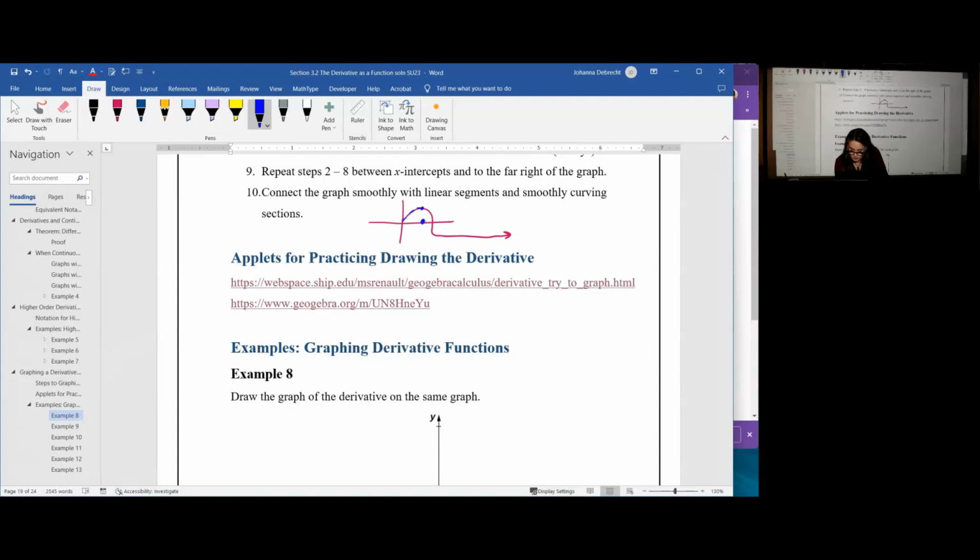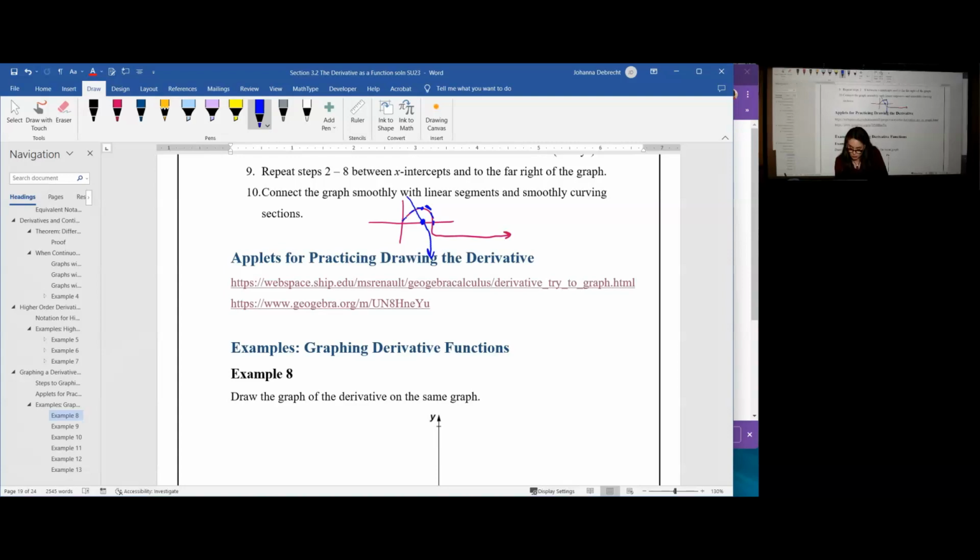This point corresponds to an x-intercept. So it must be coming down, oops, not quite, like this. Then it starts going negative a little bit, and then faster and faster till it goes vertical. When it goes vertical, it goes down like that.